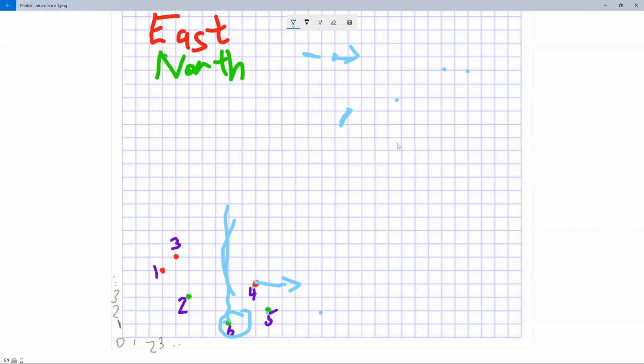But if I'm going east, and my y position is smaller than the northward cow's y position, then we will not have a probability of crossing, right? Same thing if I'm going north, right? If their x position is greater than my x position, we might cross. If their x position is smaller, then we will not cross, right?